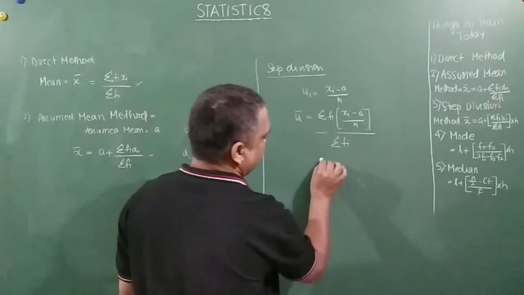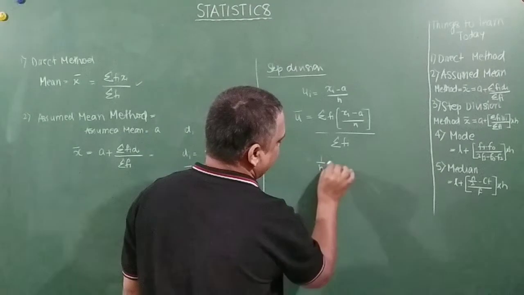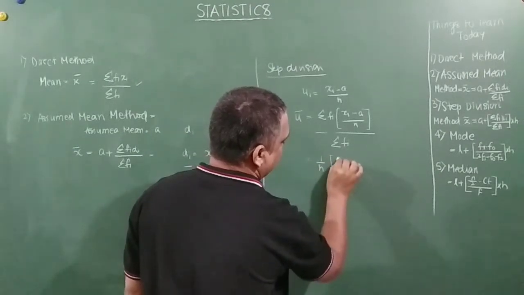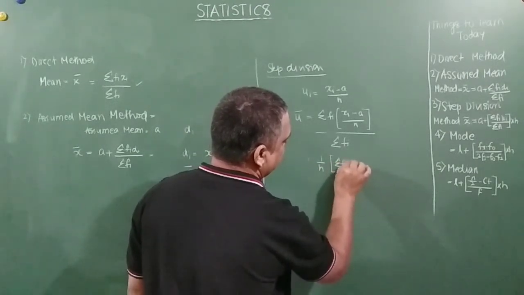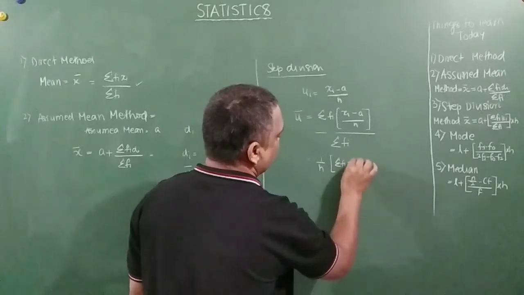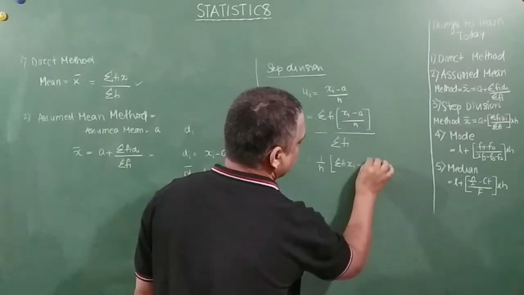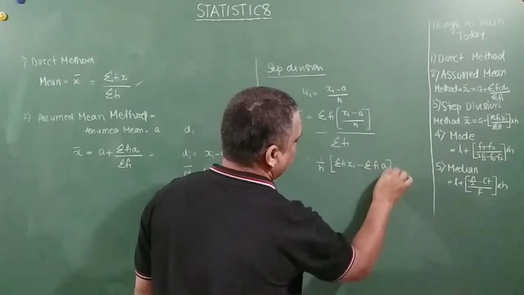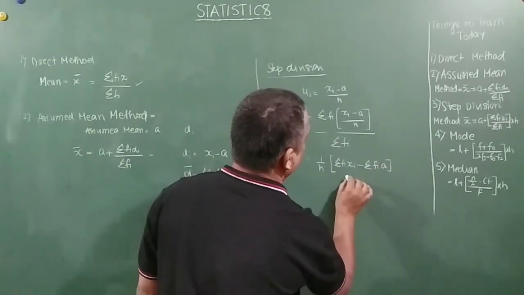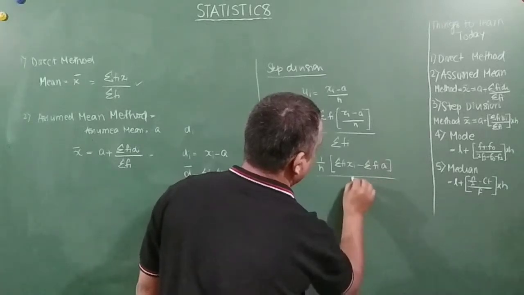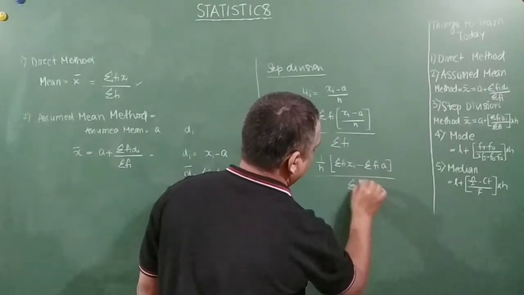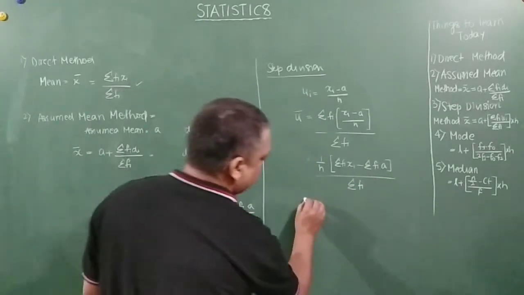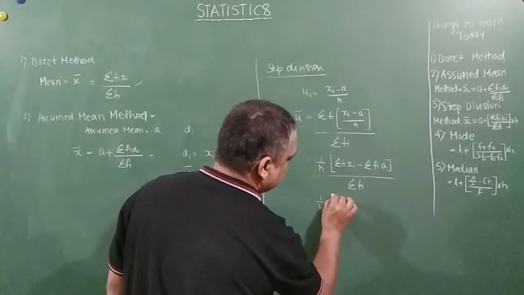So which can be written as, on the top we can take 1 by H common, leaving me with sigma Fi Xi, opening the bracket as well, minus sigma Fi into A, the total divided by sigma Fi, right? So can we write it as 1 by H?